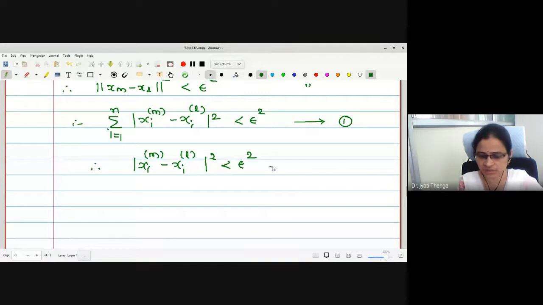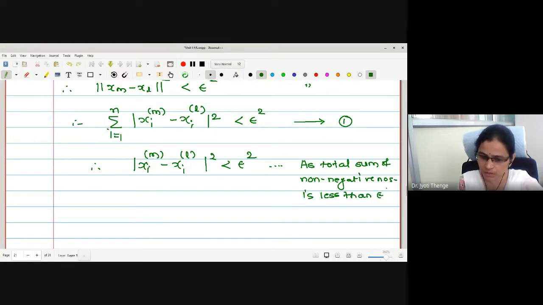What is the reason here? As the total sum is a sum of non-negative numbers, I write: total sum of non-negative numbers is less than epsilon square, then each term is also less than epsilon square.